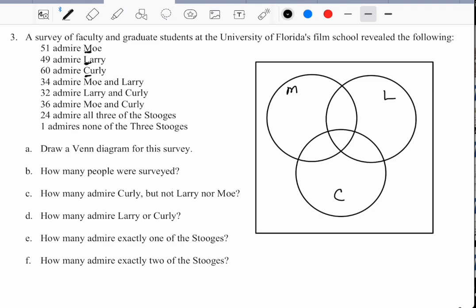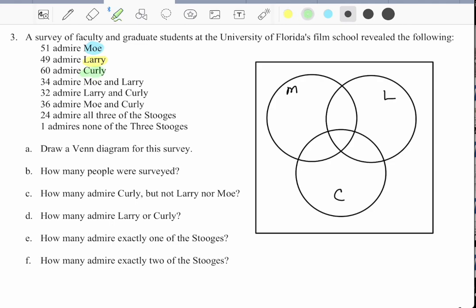You just make it obvious what these letters represent. And in this case, I think it naturally is obvious. M, L, C, Mo, Larry, Curly. All right. So, in fact, I'll use a highlighter here, make it look a little bit nicer. So, the M for Mo, then we'll have Larry, and then we'll have Curly.